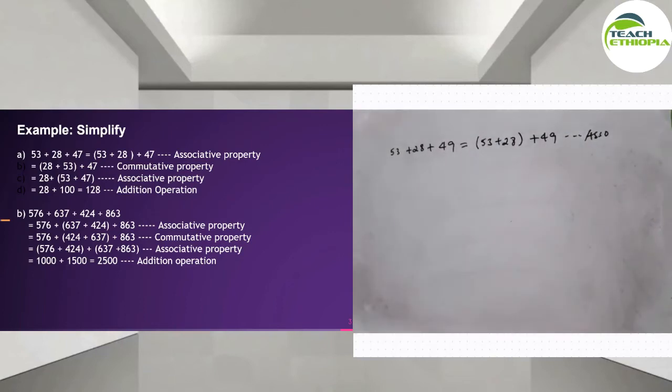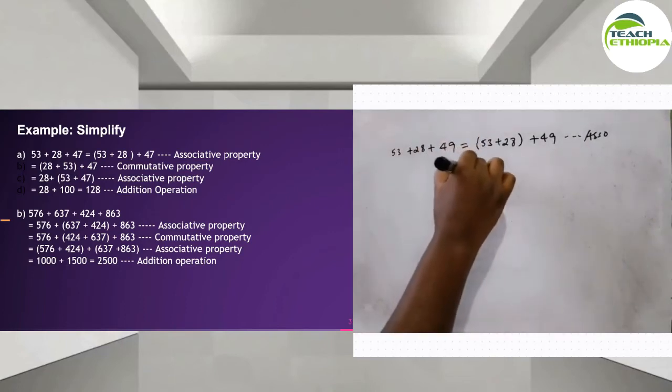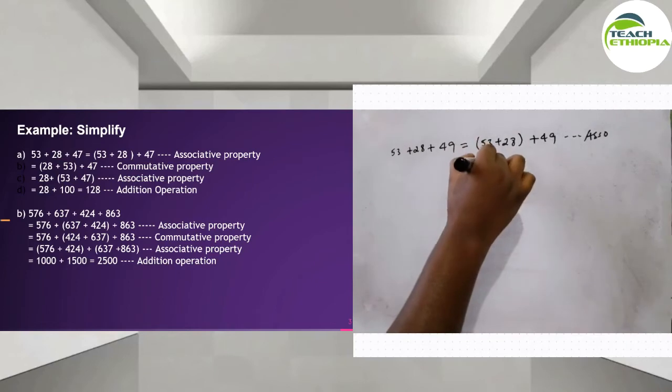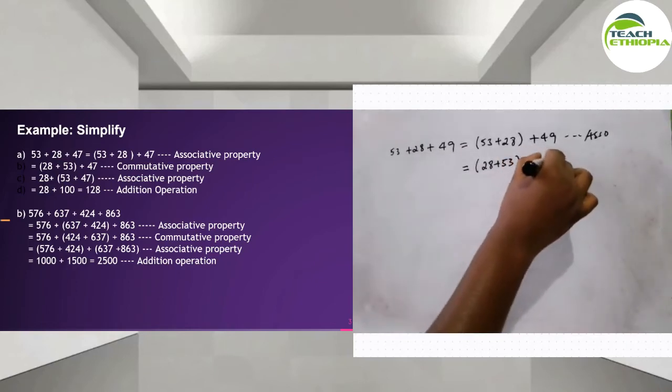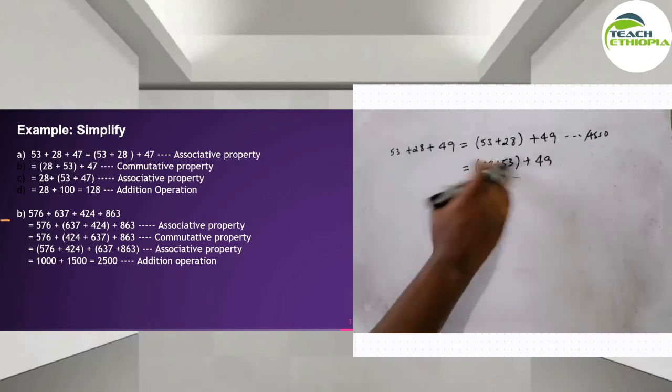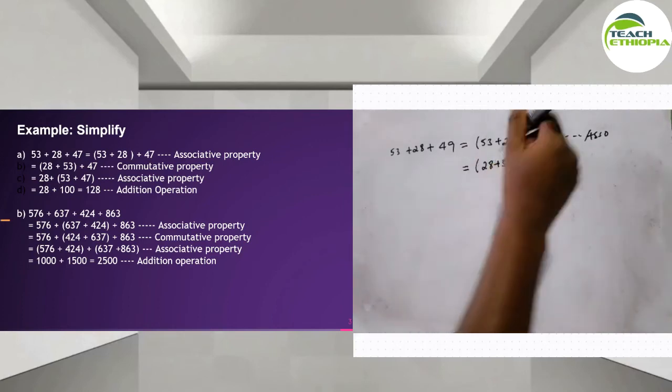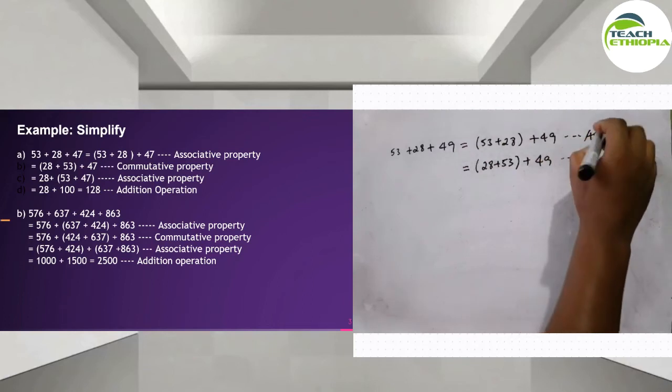Similarly ስናገለባብጠው የኛው 28 plus 53 ብናደርገው 49 ብናደርገው ይሄኛው ይቀያየራል። ቢቀያየርም ደግሞ it doesn't make any difference. This is the property of commutative.